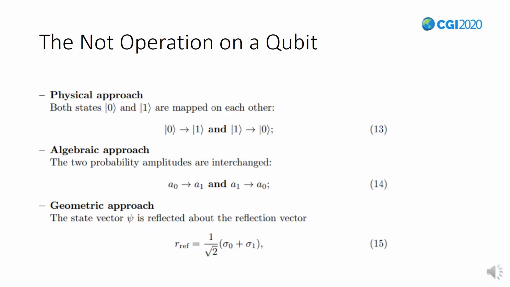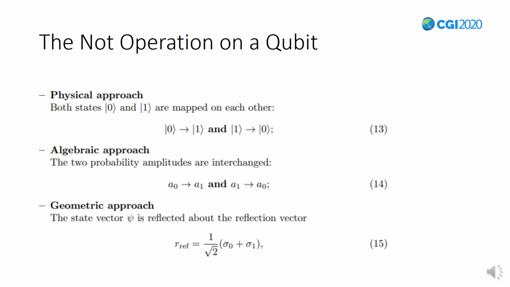Algebraically, it can be described based on the coefficients of the superposition formula, meaning the two probability amplitudes A0 and A1 are simply interchanged: A0 is mapped to A1 and A1 is mapped to A0.